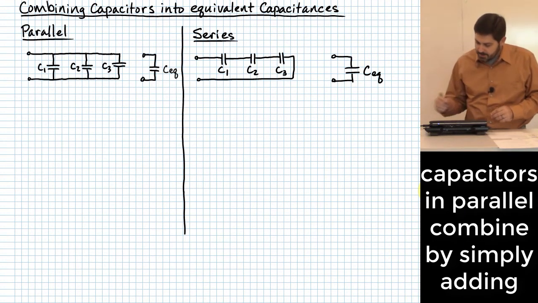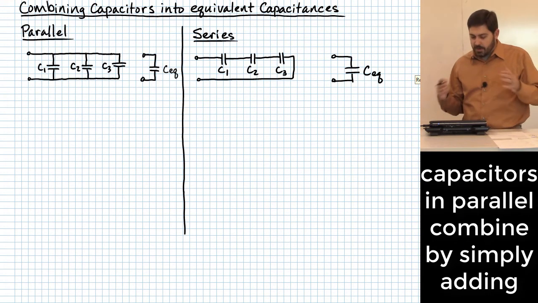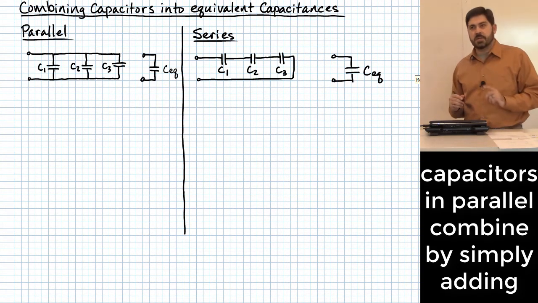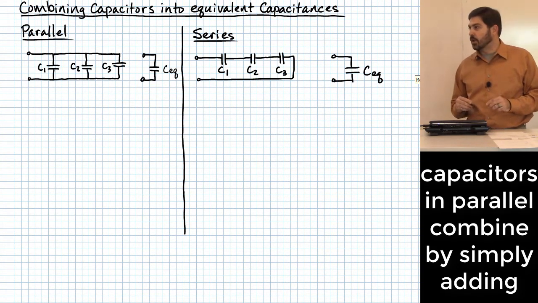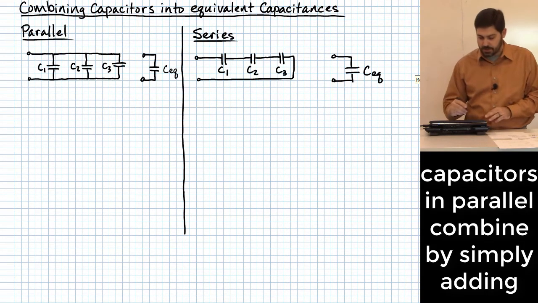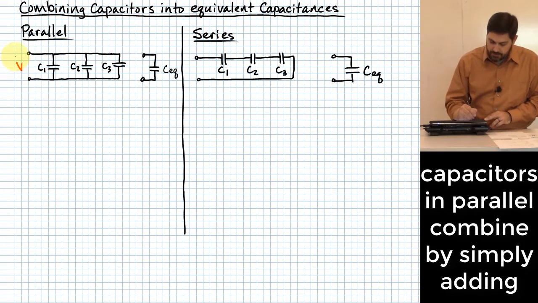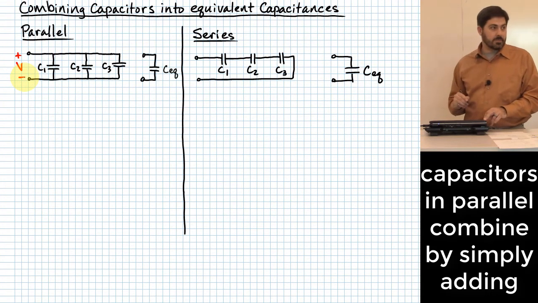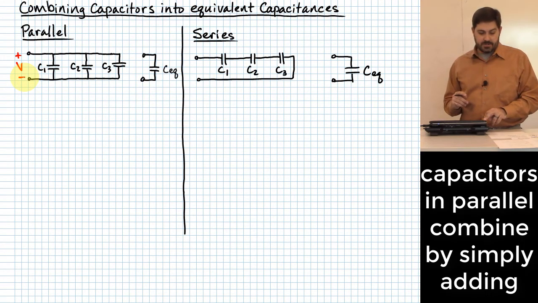And when you have a number of things in parallel with each other, how do the voltages across each one relate? They're all the same, right? They're going to have the same voltage across each one. So when I put V up here, that V is applied across every single one of these capacitors. Is everyone comfortable with that idea?